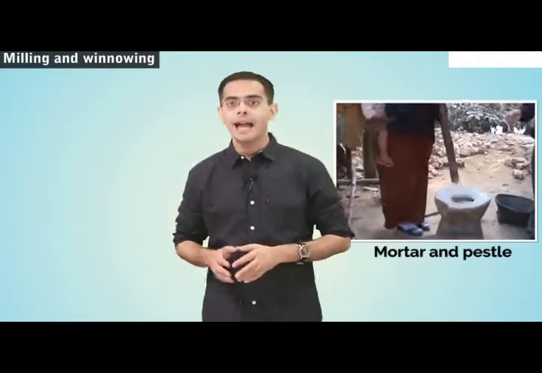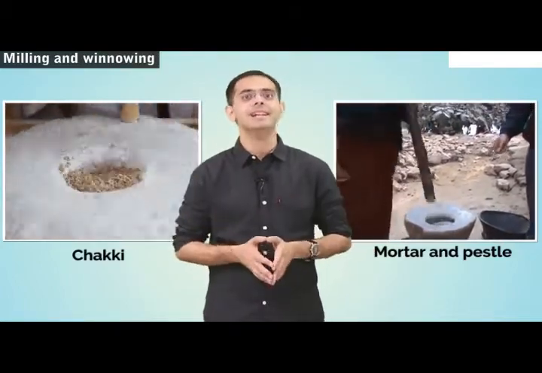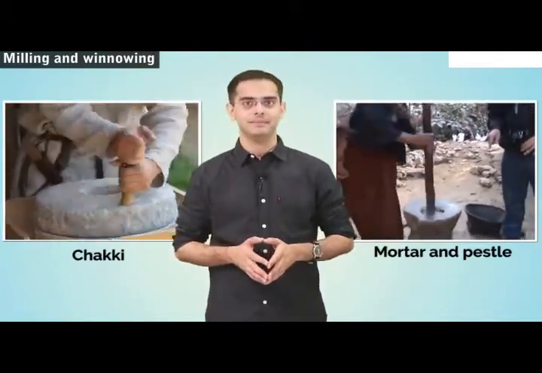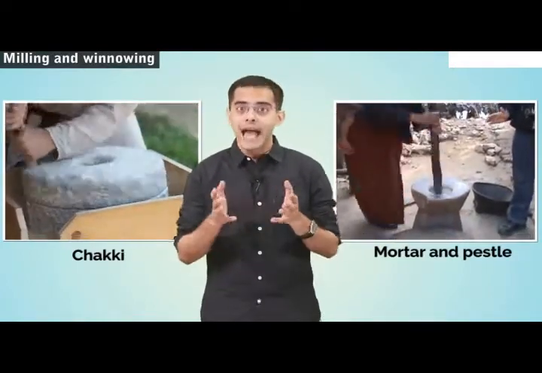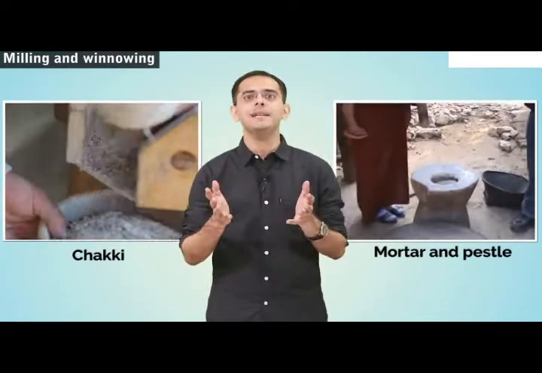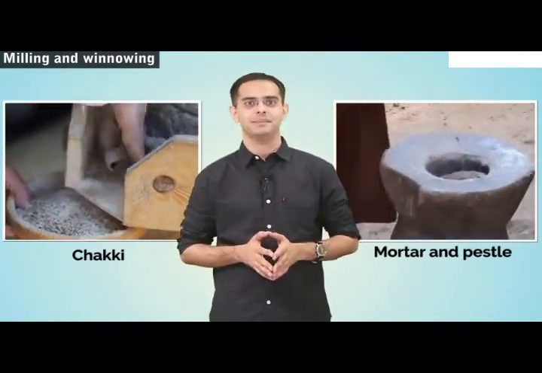And it was traditionally being done by hand pounding technique, wherein implements such as mortar and pestle and chakki were being used, which helps in separating husk from grain. And students, here I want to tell you that this hand pounding method is still being used quite commonly in many villages and other places.